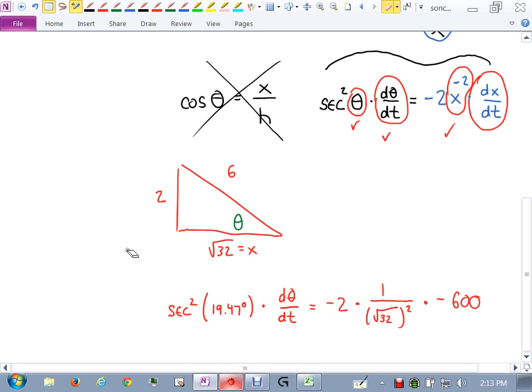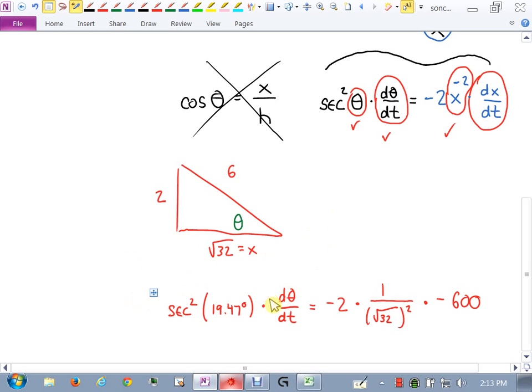If I ask you what secant of 19.47 is, isn't secant the reciprocal of cosine? Isn't cosine adjacent over hypotenuse? So wouldn't secant be hypotenuse over adjacent? So I don't need to plug into my calculator if I just look at this triangle. The secant of 19.47, not squared, should be this side divided by this side. Y'all follow that?